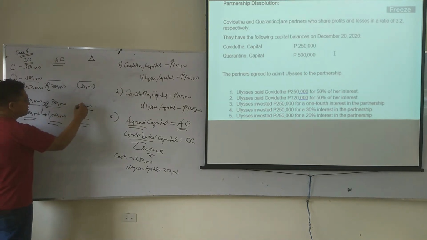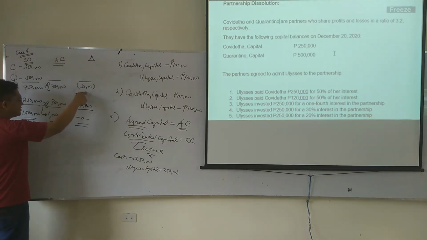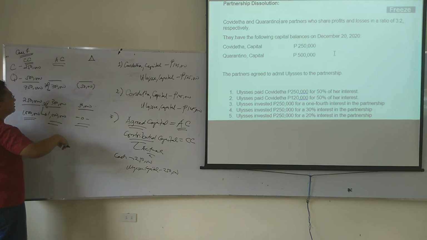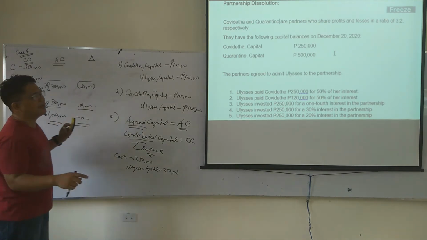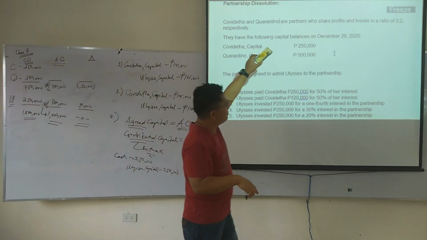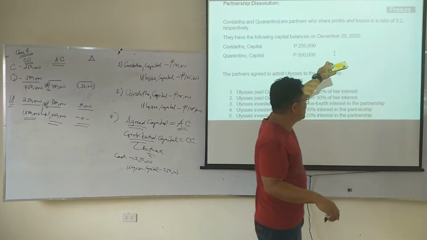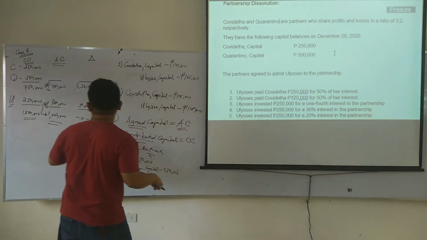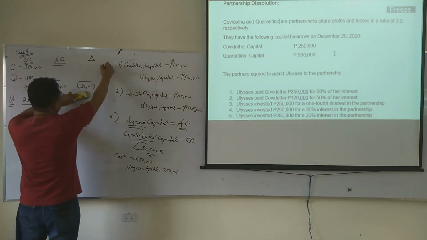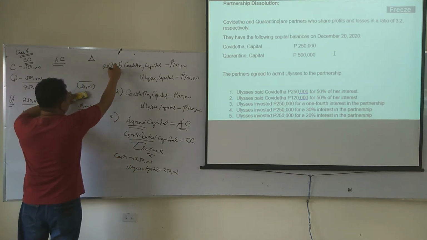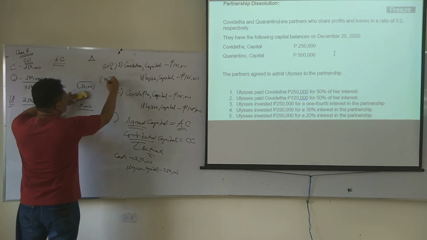So this bonus will be coming from the old partners. This 50,000 will be divided based on the previous P&L or profit and loss ratio of the old partners, which is 3:2. So that means Covidita will be getting 60% and Quarantino 40%, or 3:2.